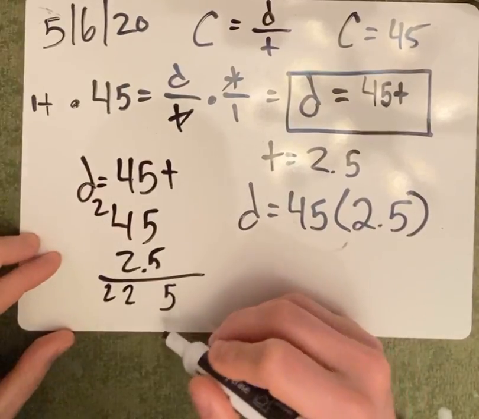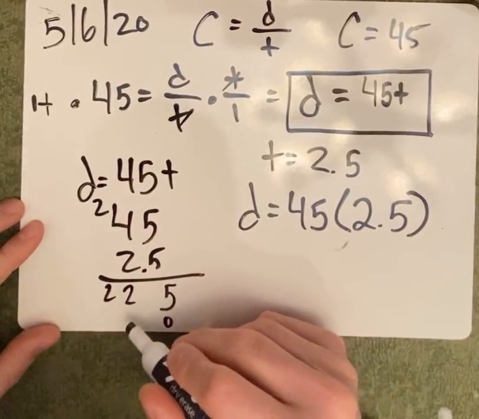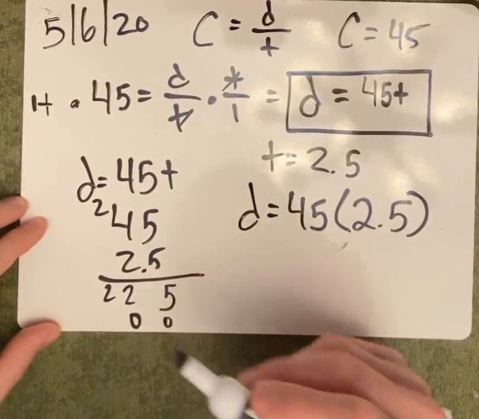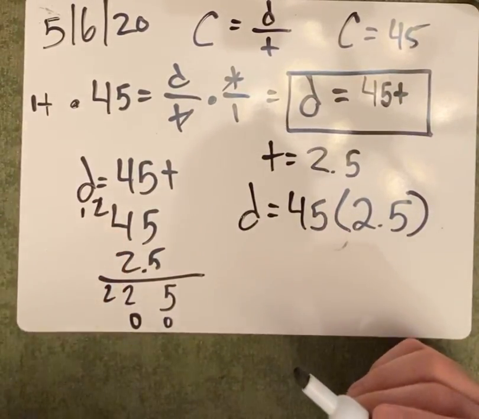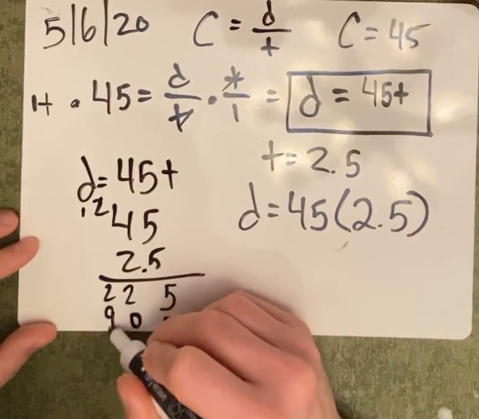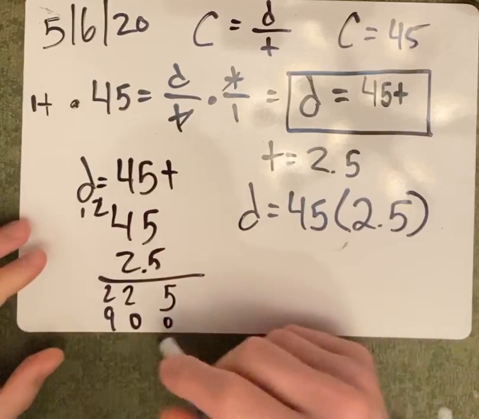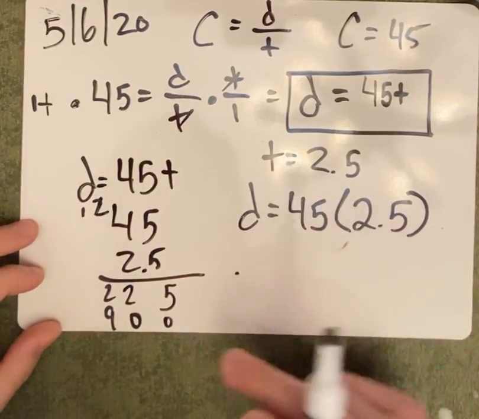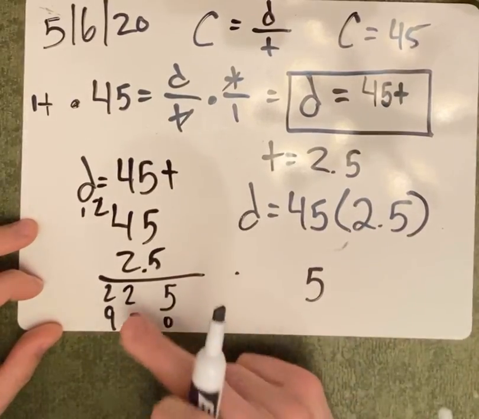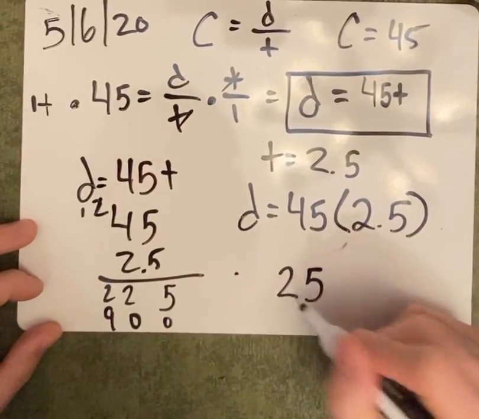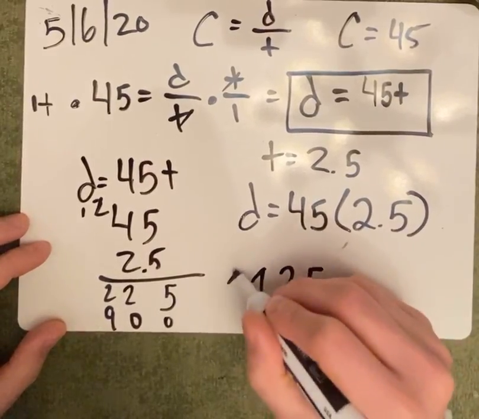Let's see if I can write really small. 2 times 5 is 10, so 0, carry the 1. 2 times 4 is 8, plus 1 is 9. Now I'm going to do my addition over here. 5 plus 0 is 5. 2 plus 0 is 2. And 2 plus 9 is 11.